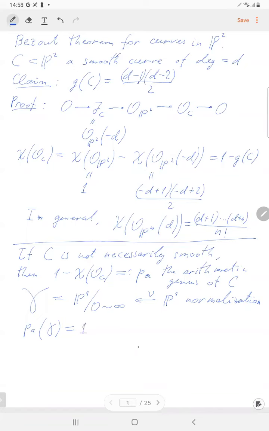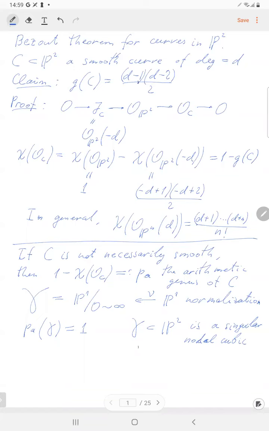So it can be realized as a cubic, such a thing is singular. Where was normalization used in the definition of arithmetic genus? No. By definition, the arithmetic genus is 1 minus the Euler characteristic.